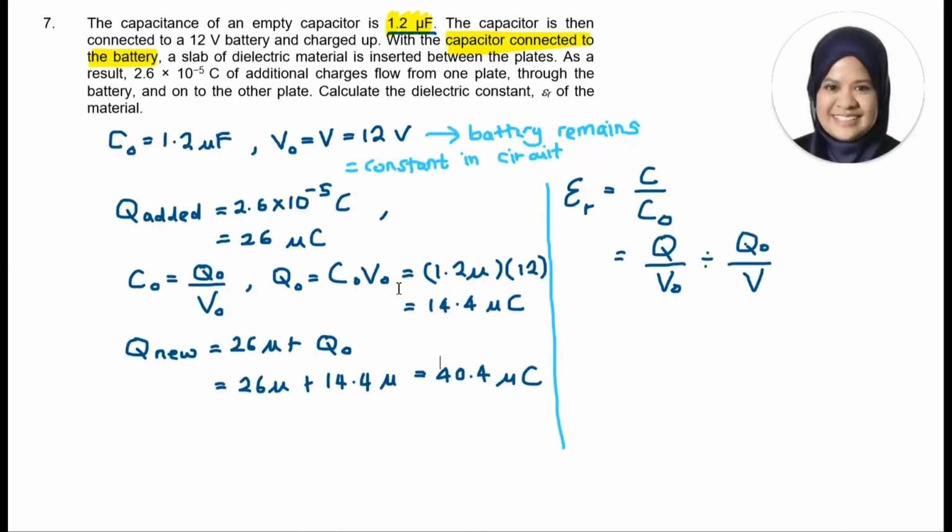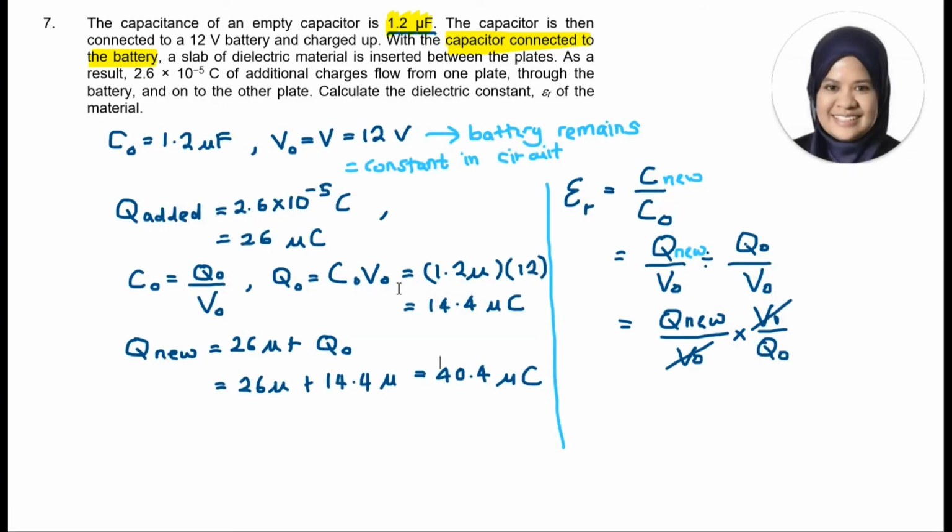This C is my new C, where Q is also my new Q. So to simplify this equation, I have Q new over V0 times V0 over Q0. Cancel out this V0.